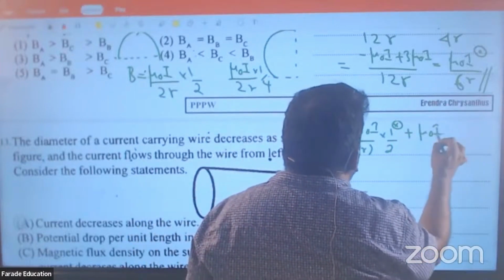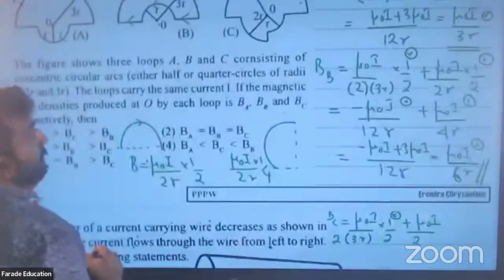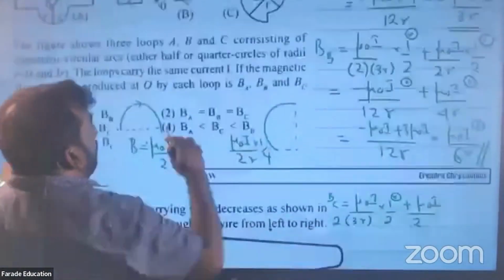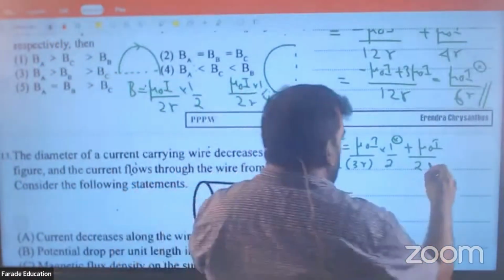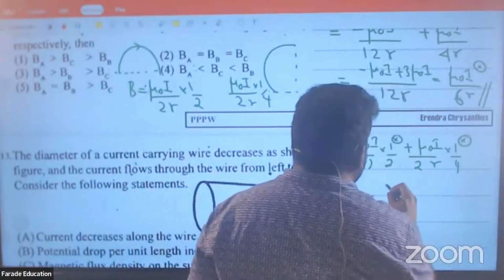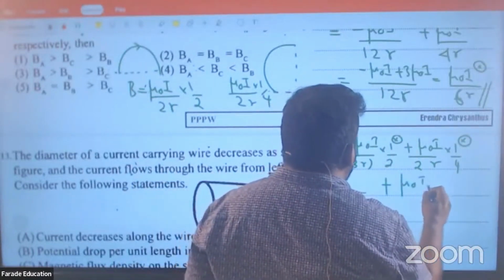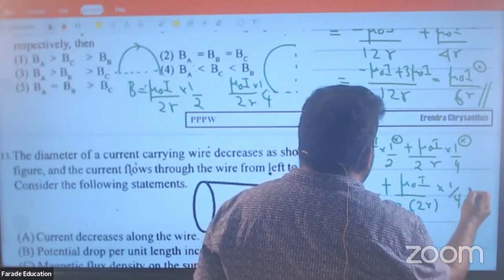Mu times I divided by 2 times, what's the ratio here? R and 2R. 2 times R, quarter, inward. Mu times I divided by 2 times radius 2R times quarter, inward.